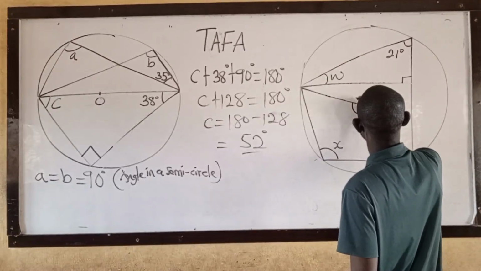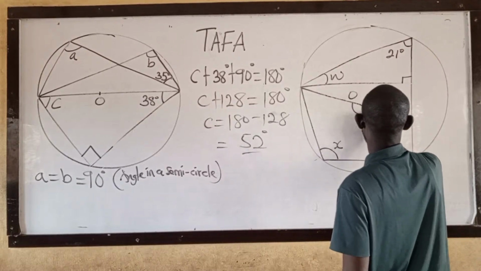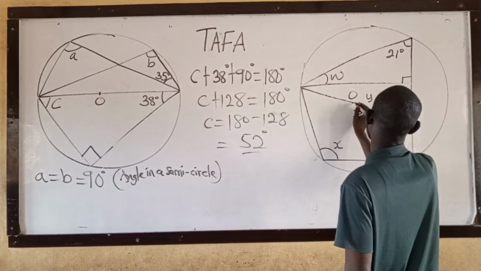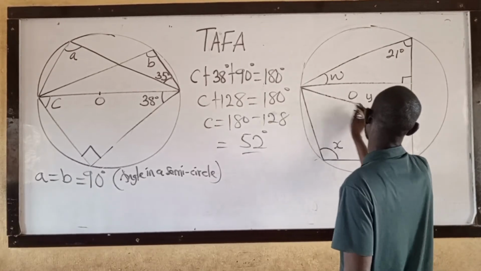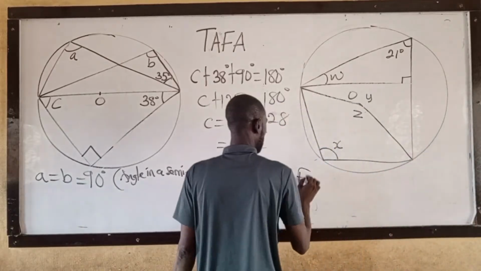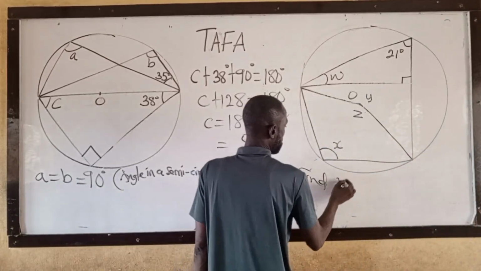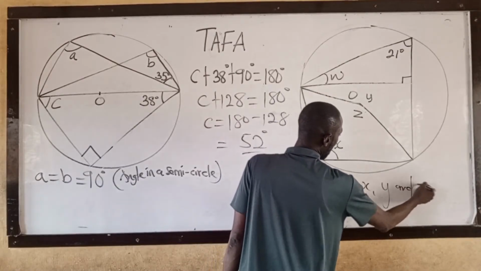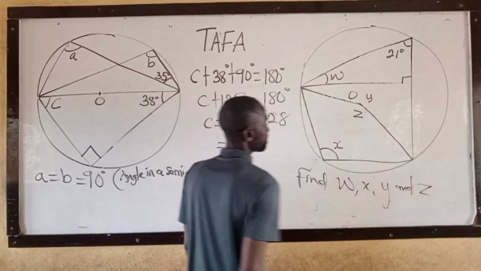This is the center, this is Y. And this is Z. So find W, X, Y, and Z. This is the diagram. See the diagram.